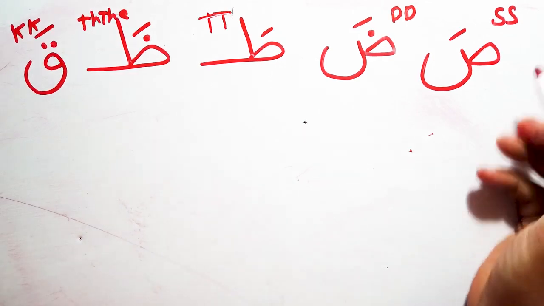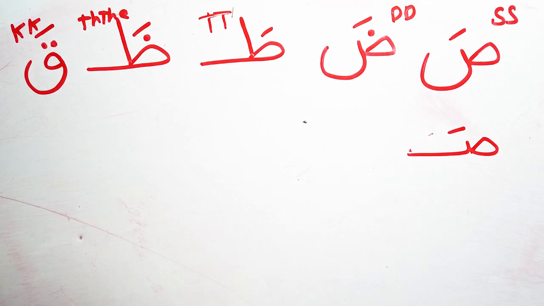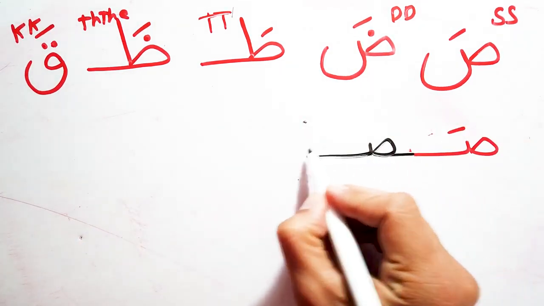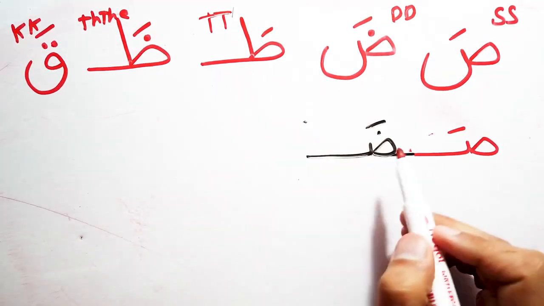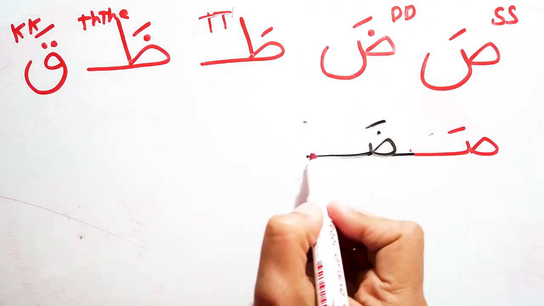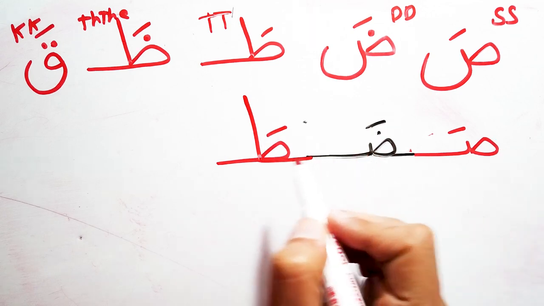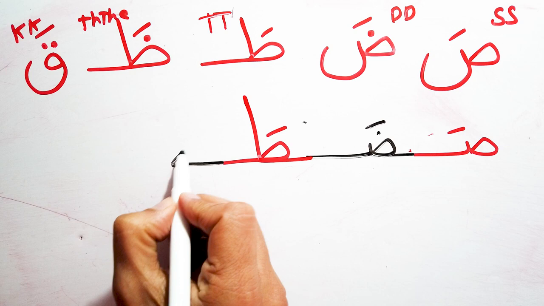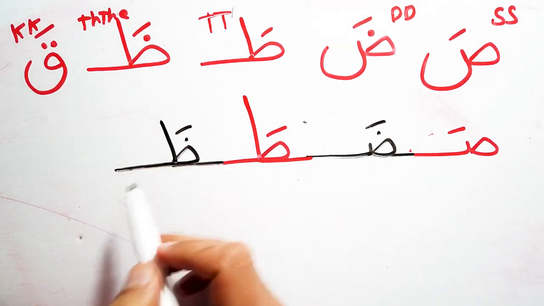Let's connect all the letters together. Let's start with sa. Let's connect it to ba. Let's connect it to ta, but let's pronounce this first. Sa, ba, ta, va.